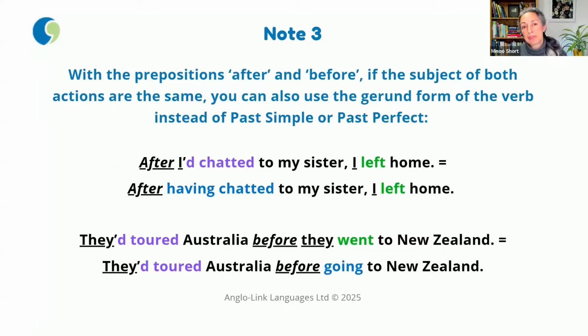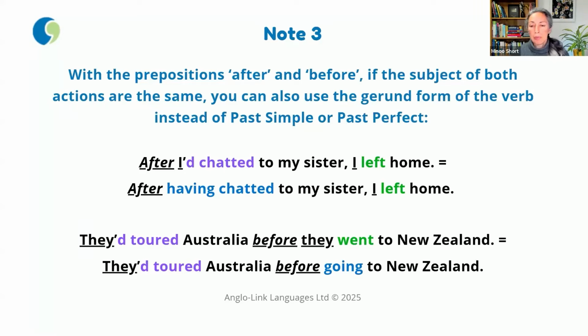So, for example, the sentence, after I'd chatted to my sister, I left home. You can also say, after having chatted to my sister, I left home. Now we only repeat I once. Or they'd toured Australia before they went to New Zealand. They'd toured Australia before going to New Zealand. So that's one way of avoiding two separate clauses.